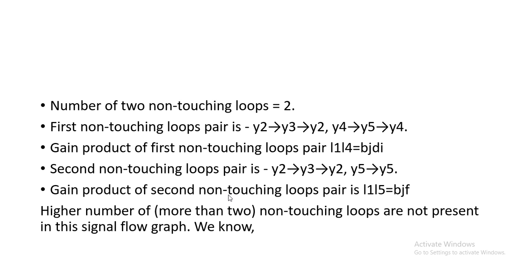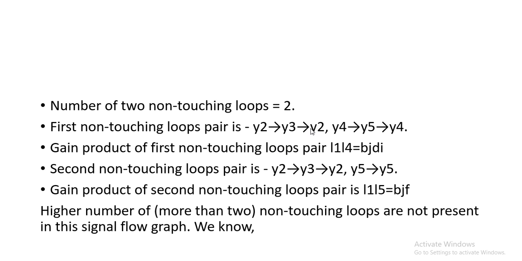So the gain product of the second non-touching loop pair is bjf. This we have seen. So there are no more than 2 non-touching loops present in this signal flow graph. Okay, so what do you mean by this line? Again I am repeating, higher numbers of non-touching loops, or more than 2, are not present in this signal flow graph. Means what?